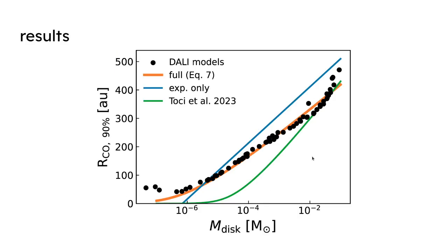Okay. And this is the plot that they accompany this formula with, basically their results, the points. So this is R90 depending on M disk. Points are their results.